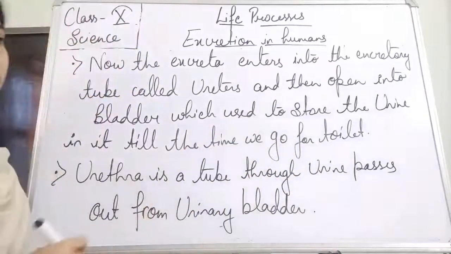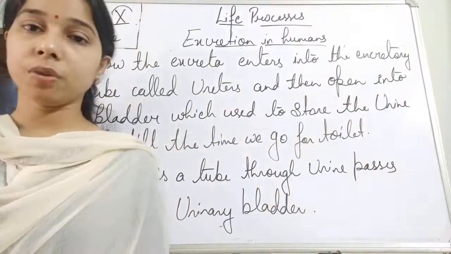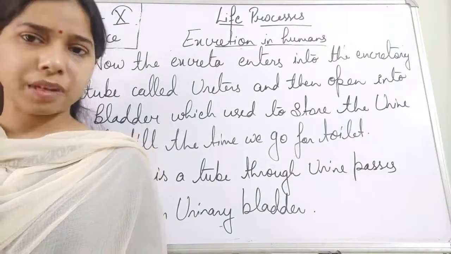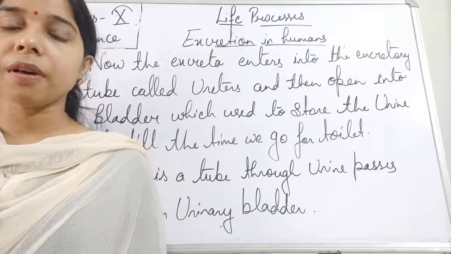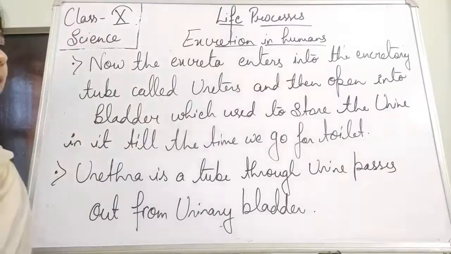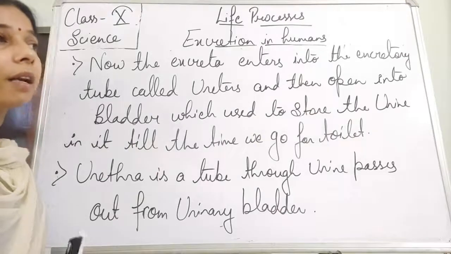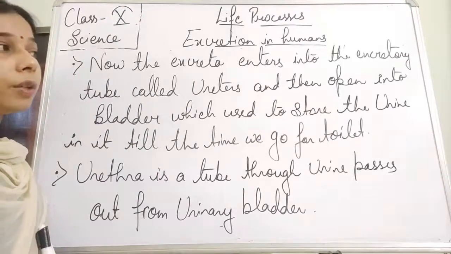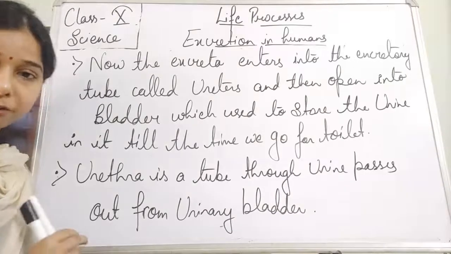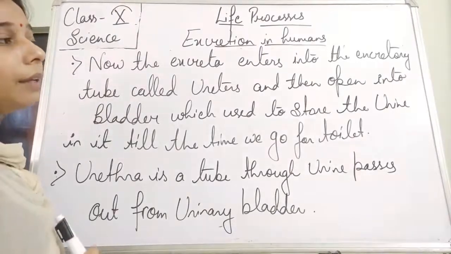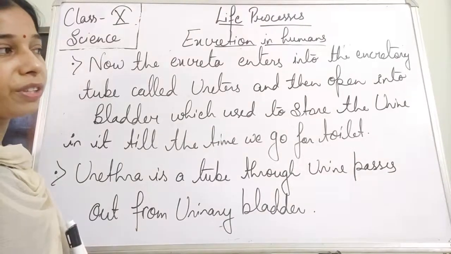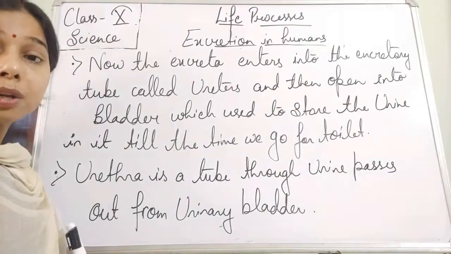Okay, so I hope you have understood one thing: first of all, our excretory system is responsible for the process of excretion. In excretion, we have seen that there are two kidneys, present on the left and right side. From these kidneys, a tube-like structure comes out that we call the ureter.